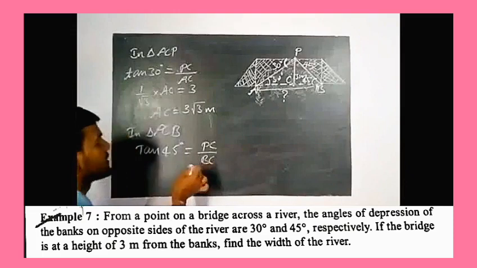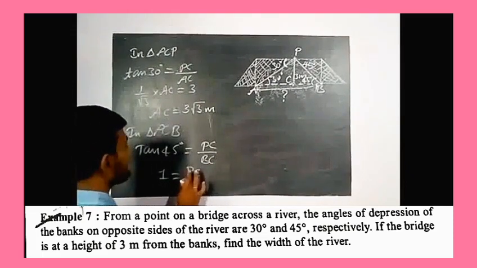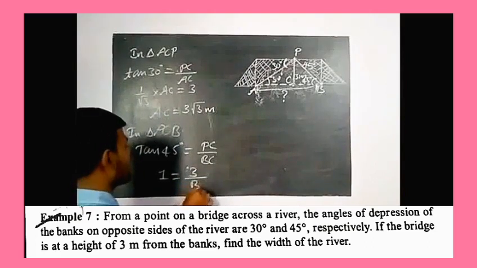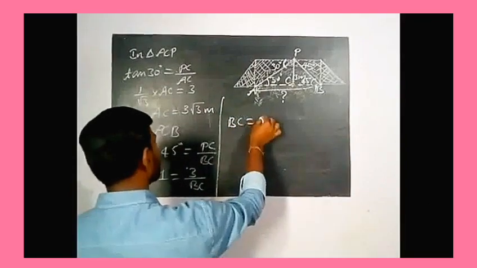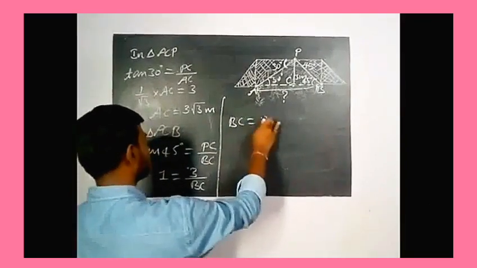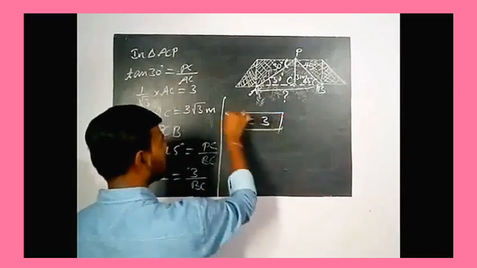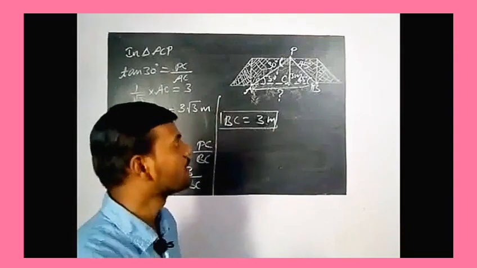Tan 45 is 1, which is equal to PC, which is 3 meter, by BC. Then BC is equal to 3 meter, and then we can find the width of the river.